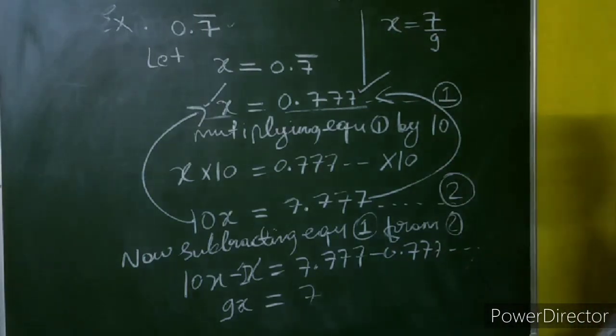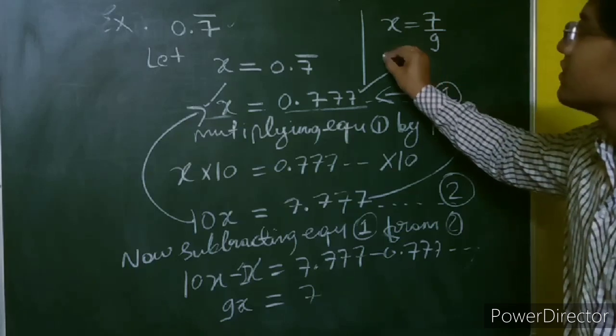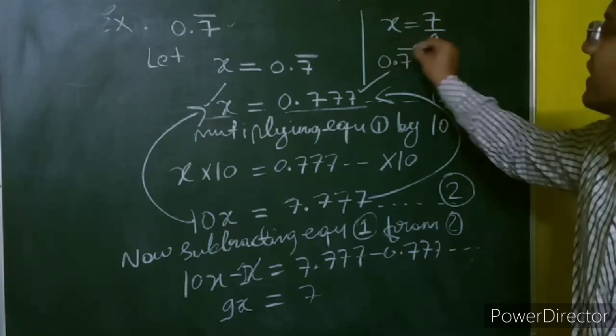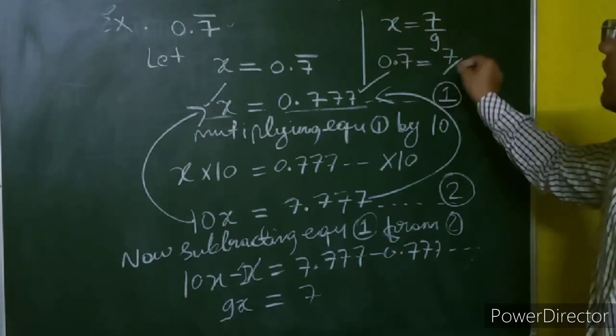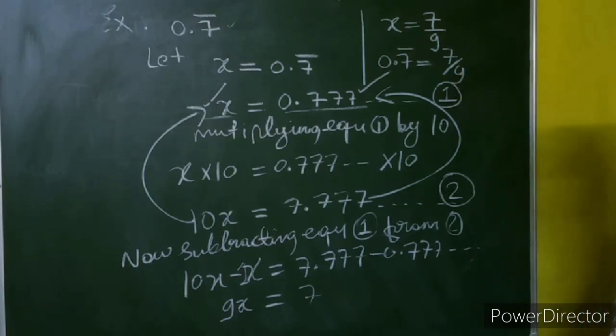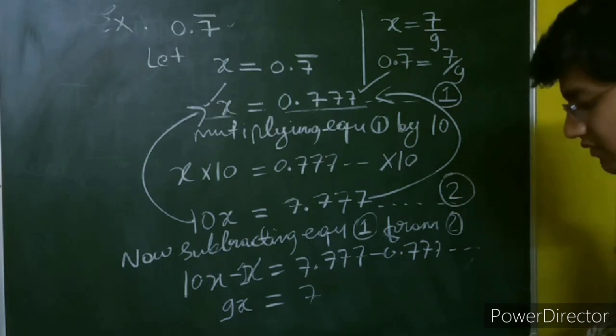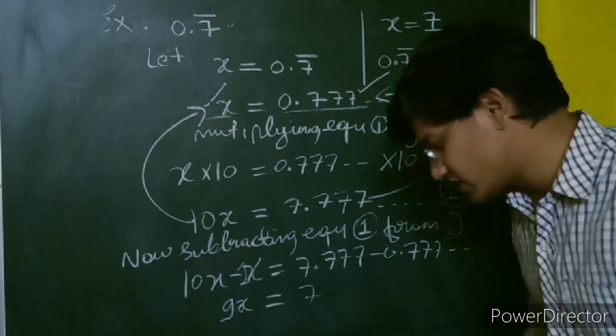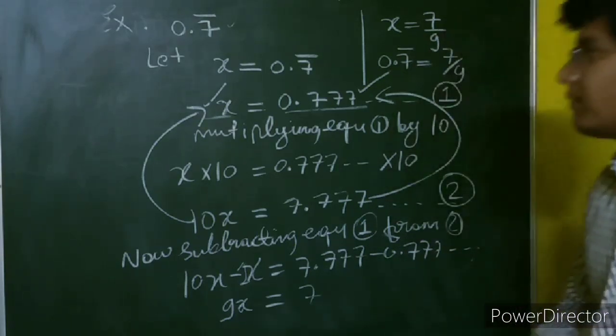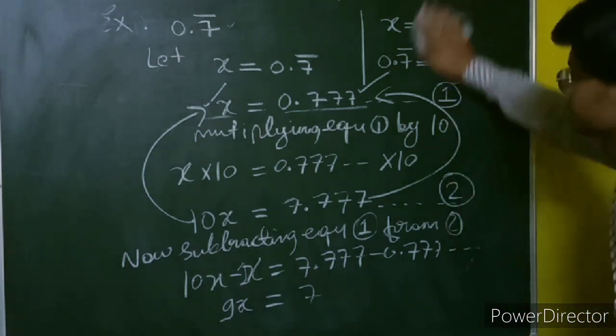Now what was our x? x is 0.7 bar, so we can say 0.7 bar is 7 upon 9. Okay, now let us start our first question, third one, second question: 0.47 bar. First one you can solve.